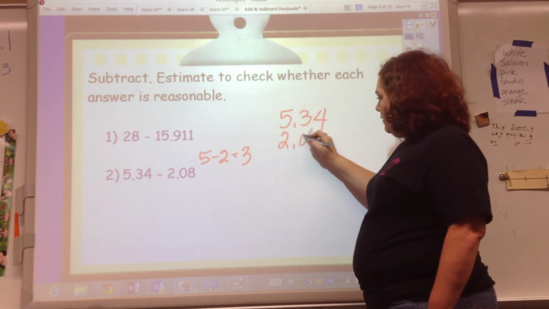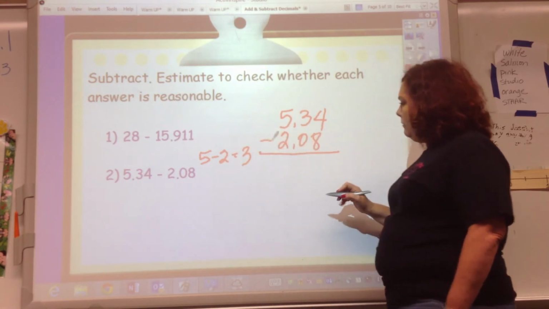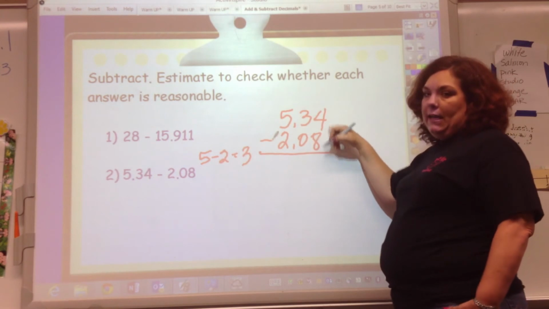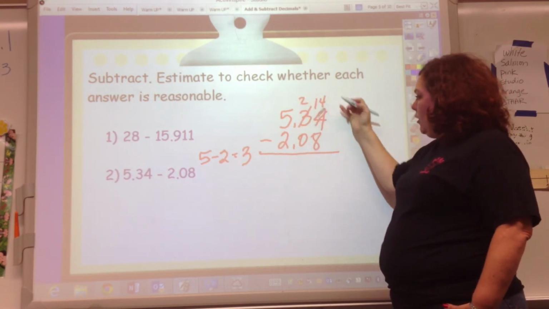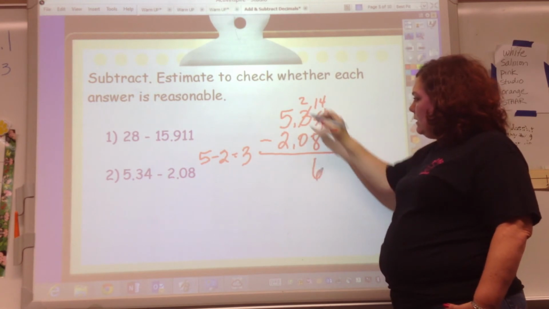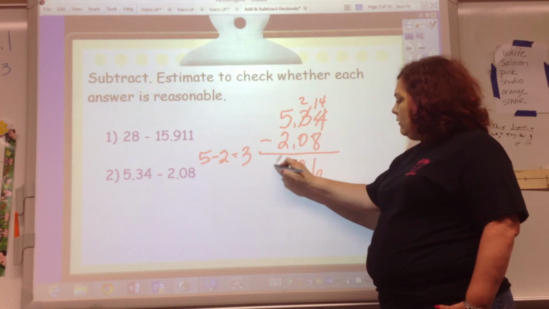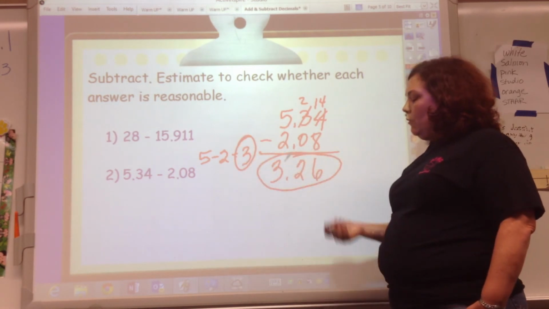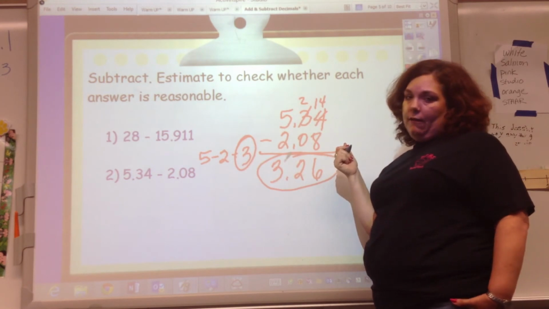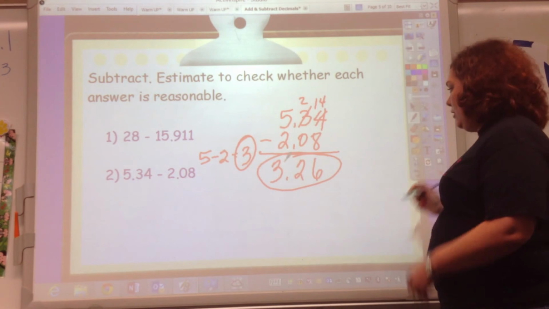And 2 and 8/100ths. I'm subtracting. Again here, I can't take 8 from 4, so I have to borrow. 14 minus 8 is 6, 2 minus 0 is 2, and 5 minus 2 is 3. Is my estimate close to my actual? Absolutely. It's very, very close, and the estimate would probably be good enough in any situation.